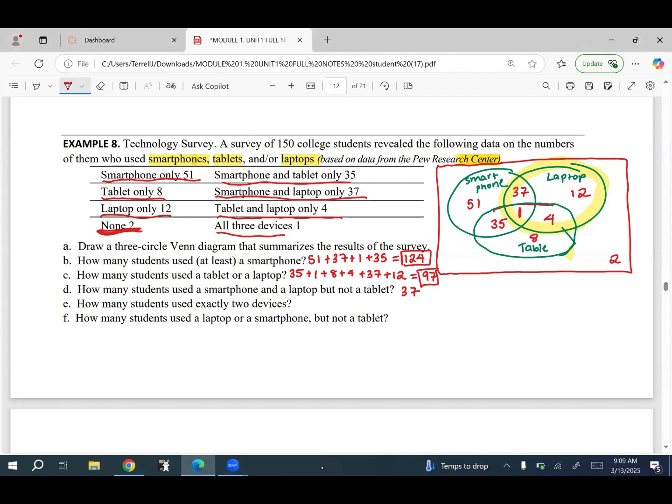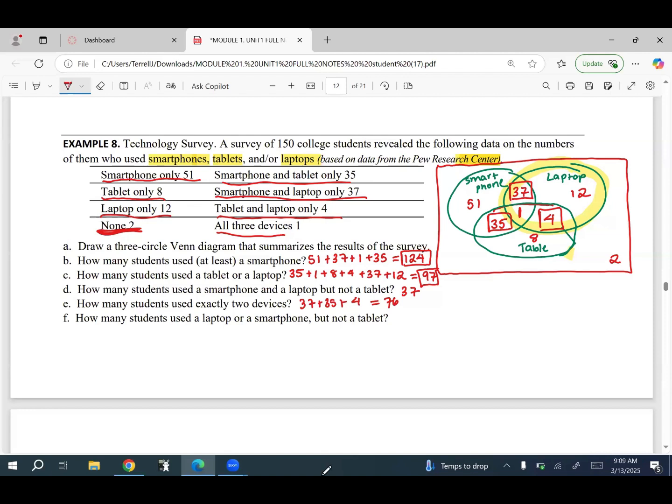How many students used exactly 2 devices? The people that use exactly 2 devices, look at overlap with exactly 2. I'm going to mark them like that. Exactly 2 devices. So that's 37 plus 35 plus 4. And if I add that, I'm getting 76.